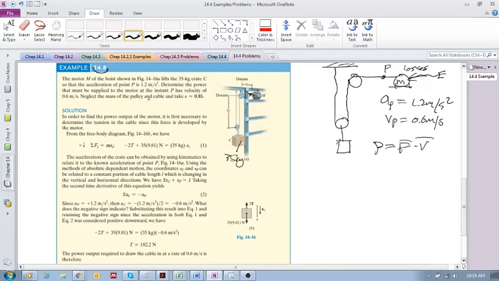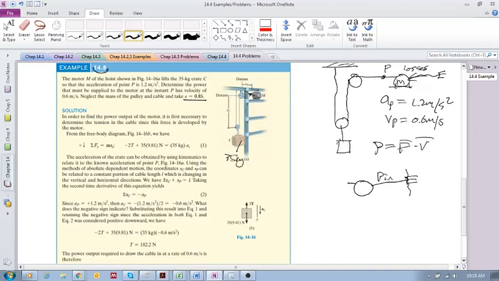Neglect the mass of the pulley and the cable and take your mechanical efficiency to be 0.85. Alright, so now let's just think about this. I'm going to focus on the motor now. The motor you take and you plug it into the wall. Okay, you plug it into the wall and it has a power in to the motor.